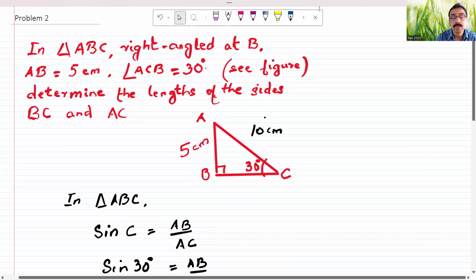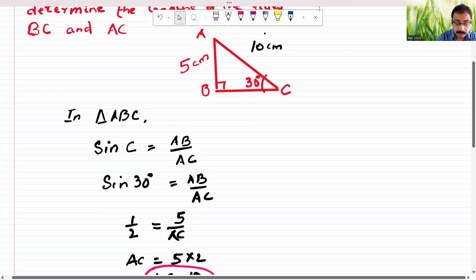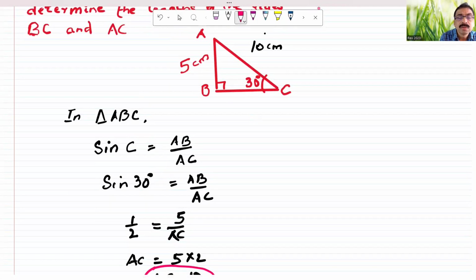If you want, you can go and substitute that value here. 5 root 3 centimeters. So that's for this problem. Hope you're clear on this.